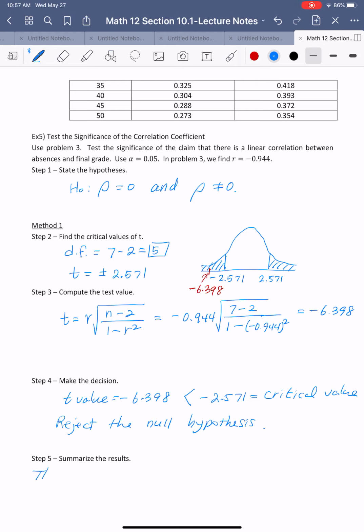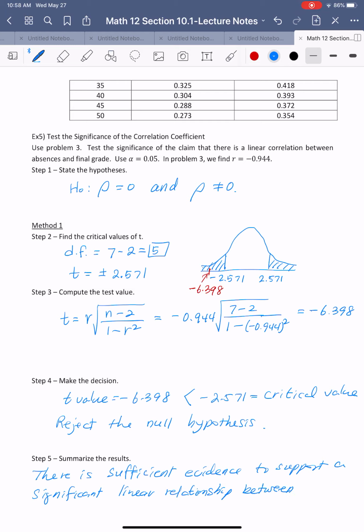Which means we have to say that there is sufficient evidence to support a significant linear relationship between the number of absences and final grade.